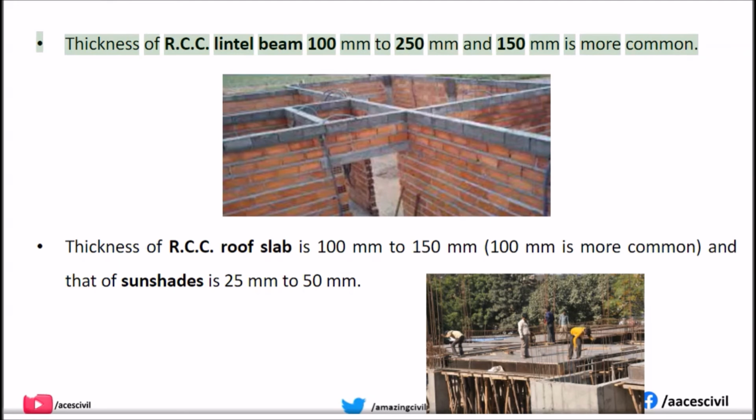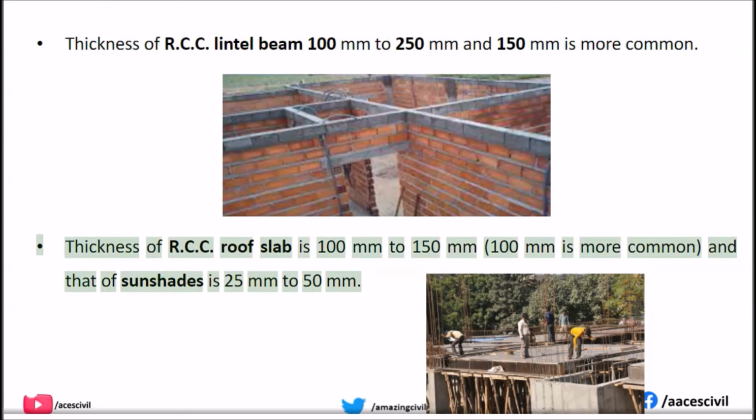Thickness of R.C.C. lintel beam is 100 mm to 250 mm, and 150 mm is more common. Thickness of R.C.C. roof slab is 100 mm to 150 mm. 100 mm is more common, and that of sunshades is 25 mm to 50 mm.